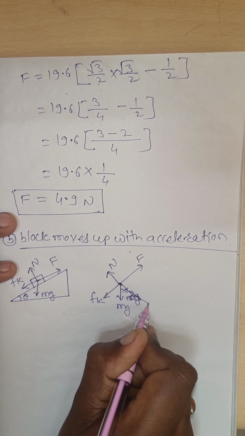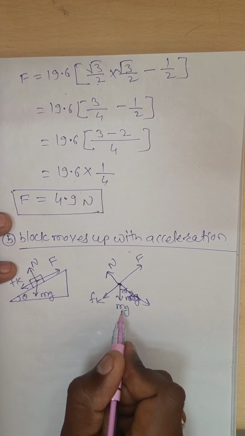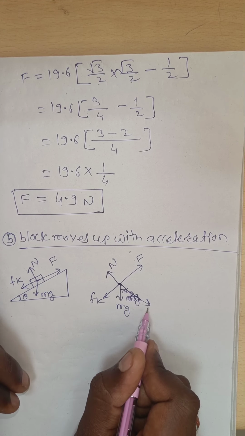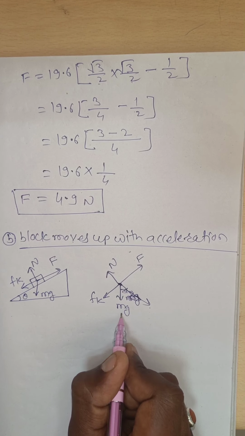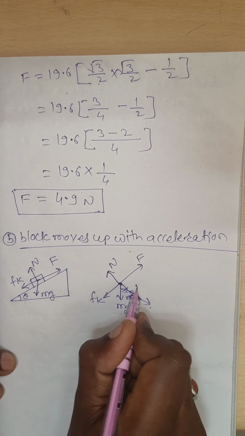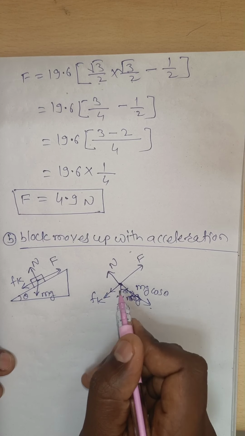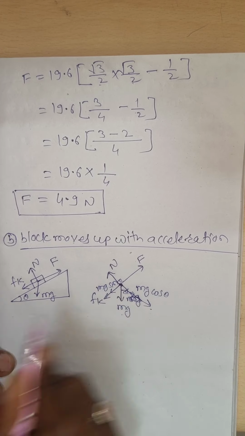Since this angle is theta, we have to split mg along the y direction, that is, into components along the y-axis and the x-axis. Therefore, this is mg cos theta and along the x-axis this is mg sin theta.